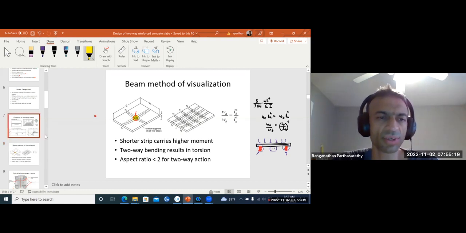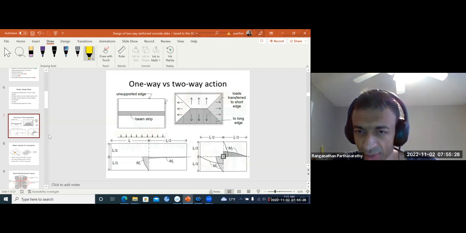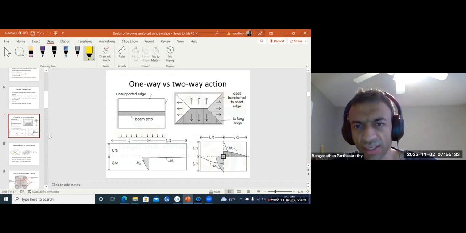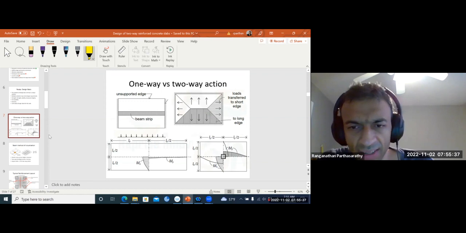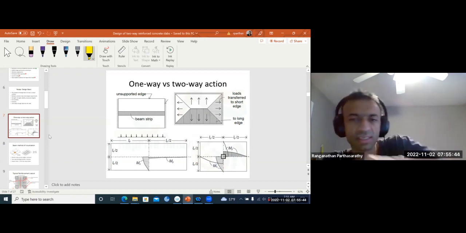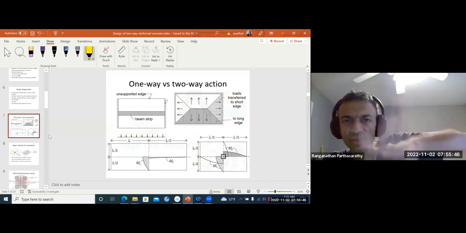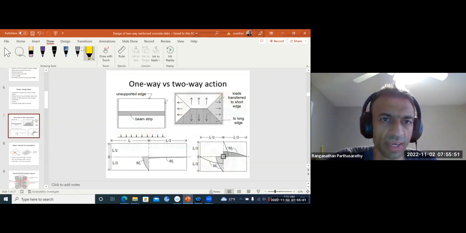Therefore, your shorter direction in bending will carry a much higher moment than the longer. That's why when your long edge and short edge are relatively similar in length, that is, they are not too different, both of them will carry significant bending. So your bending in both directions is very significant, this way and the other way too. That is two-way action.